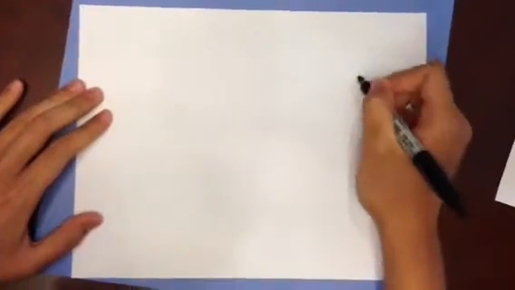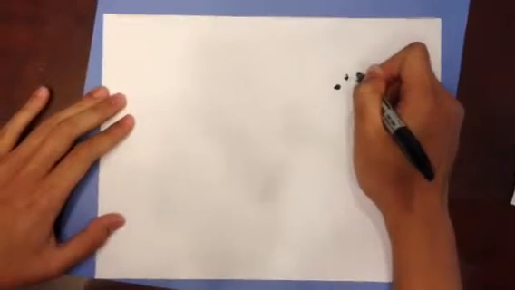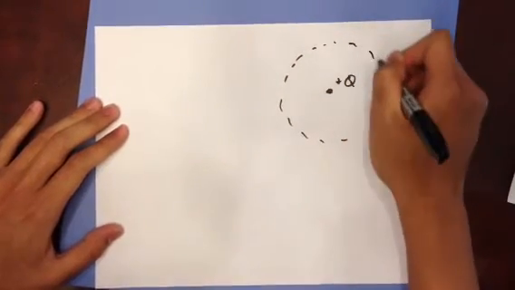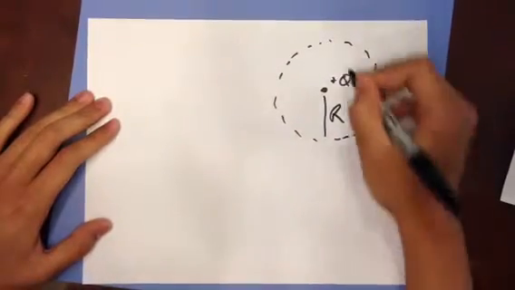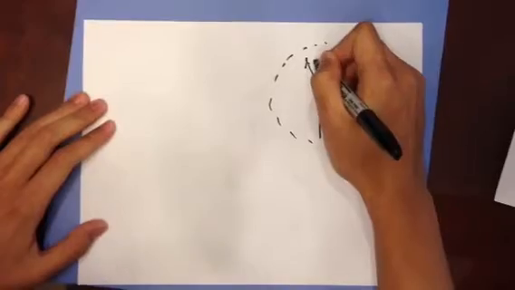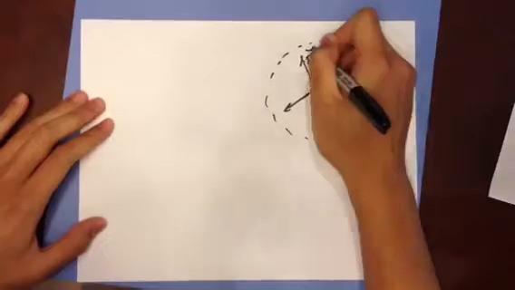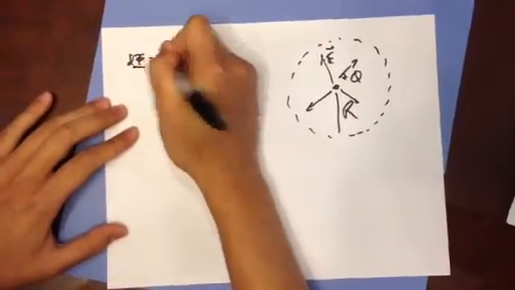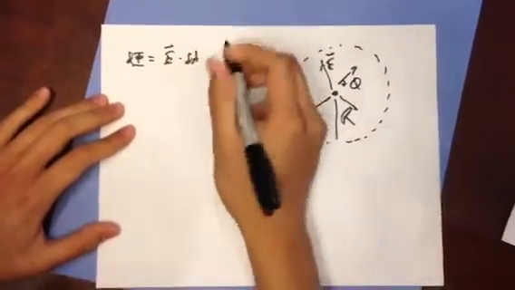If we want to derive Gauss's law, let's pretend that we have a point charge of plus q, and let's draw a spherical Gaussian surface around it. Let's call that radius r. The charge is generating an electric field of E. Using what we know about flux, d phi is equal to E dot dA.